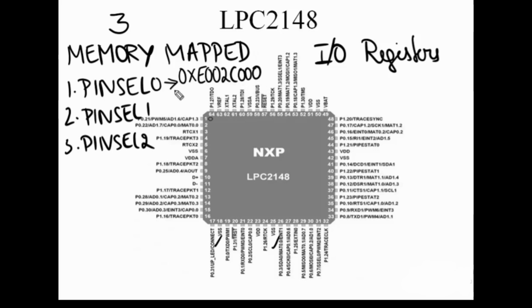You can use normal load store instructions to access this memory address, but based on whatever value you write at this address, the functionalities of the hardware will get affected. That is what you mean by memory mapped IO registers. They act as a normal memory address where you can load and store some information, but that information will affect the functionality of the hardware.